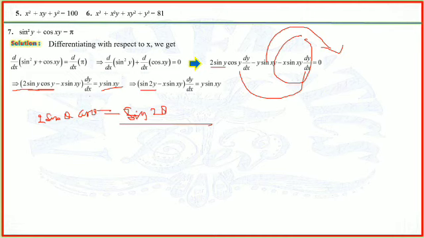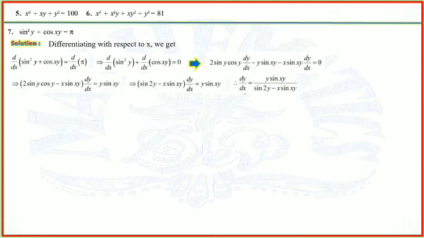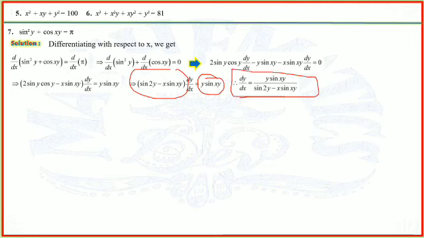So we have written here sine 2y minus x sine xy dy upon dx equals y sine xy, which is equal to the differential coefficient dy upon dx equals y sine xy upon this term. So that is the end of this question number 7.